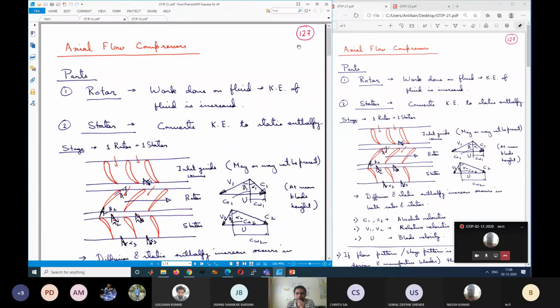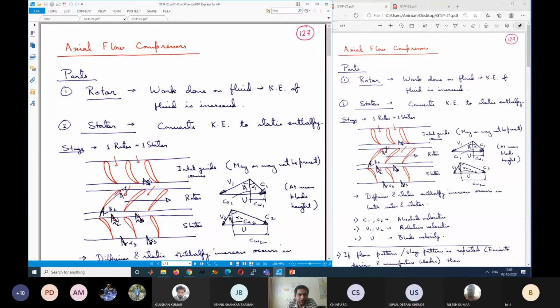So we have noted that in most jet engines, axial flow compressors are used because of some of their advantages. What are the advantages? The flow direction is suitable for multi-staging. Second, the cross-sectional area is less for a given mass flow rate as compared to centrifugal compressors.